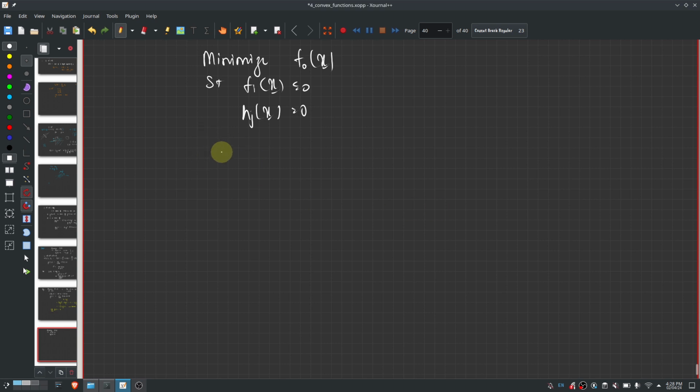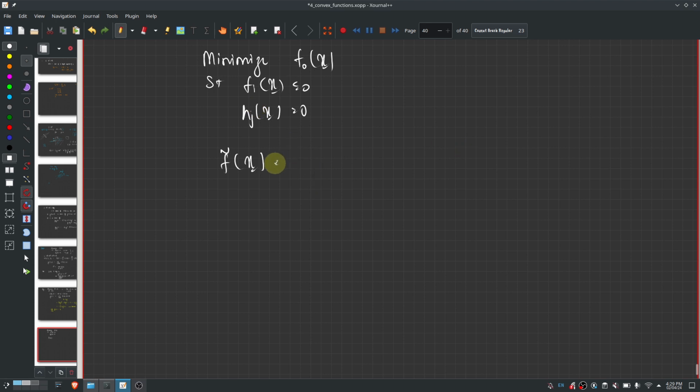Right? So let me define an f tilde of x to be equal to, again, I want to first try to define this in terms of some combination of f0, fi, and hj. I want all of them in a single equation.